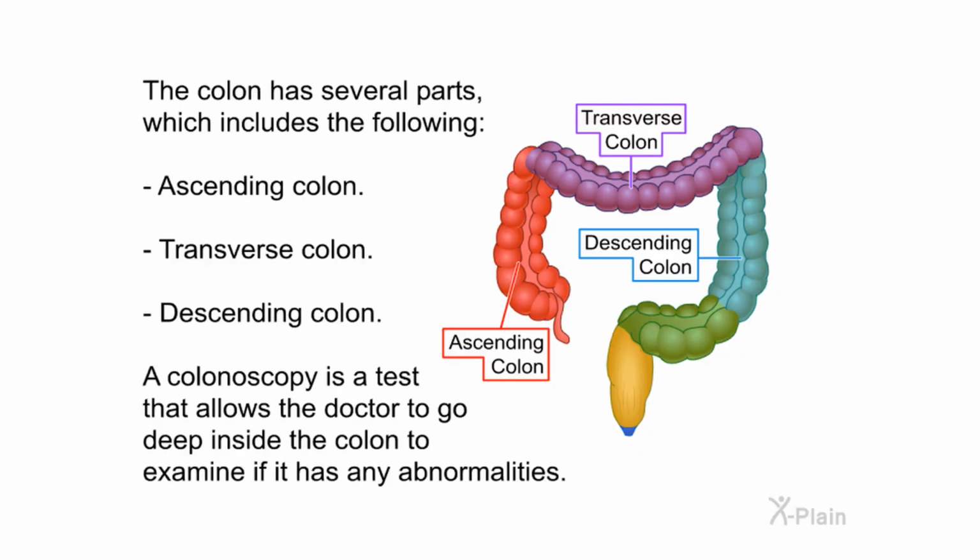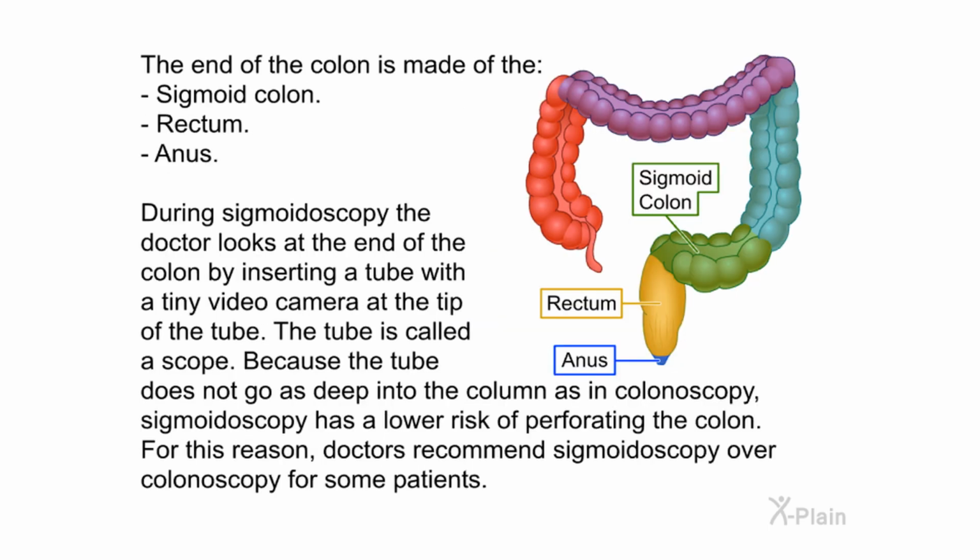The colon has several parts, which include the following: ascending colon, transverse colon, descending colon. A colonoscopy is a test that allows the doctor to go deep inside the colon to examine if it has any abnormalities. The end of the colon is made of the sigmoid colon, rectum, anus.